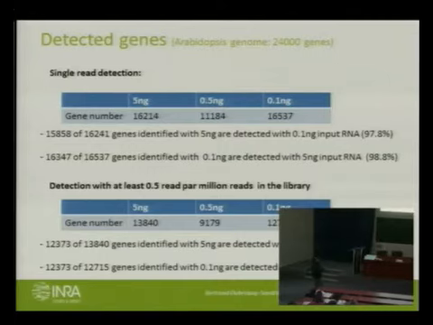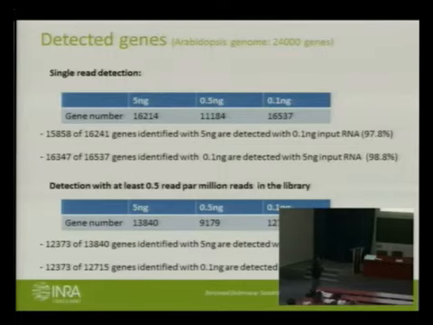How is the number of genes found in one library compared to the other one? Actually, you have 97% of the genes detected with 5 nanograms which are detected with 0.1, and vice versa, which is extremely nice. We were extremely happy with this result. Do we have any bias concerning the quantity of reads, so the most expressed reads, actually?